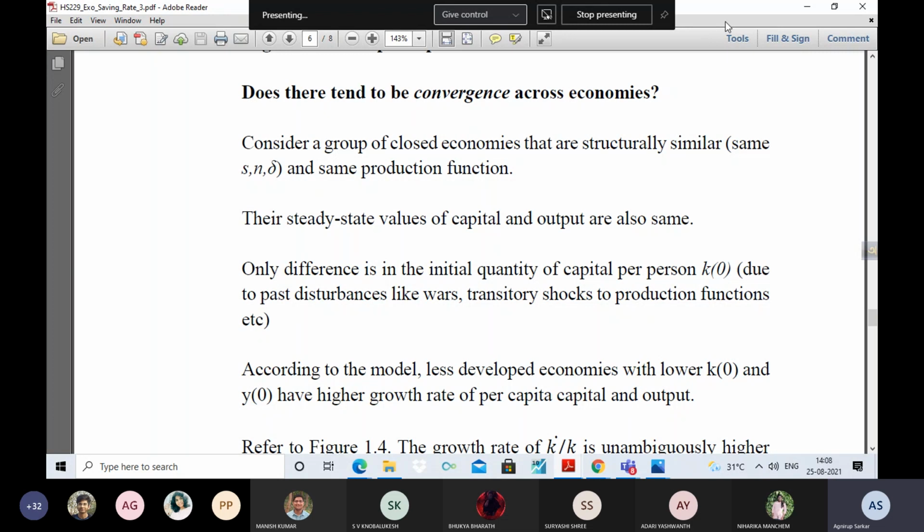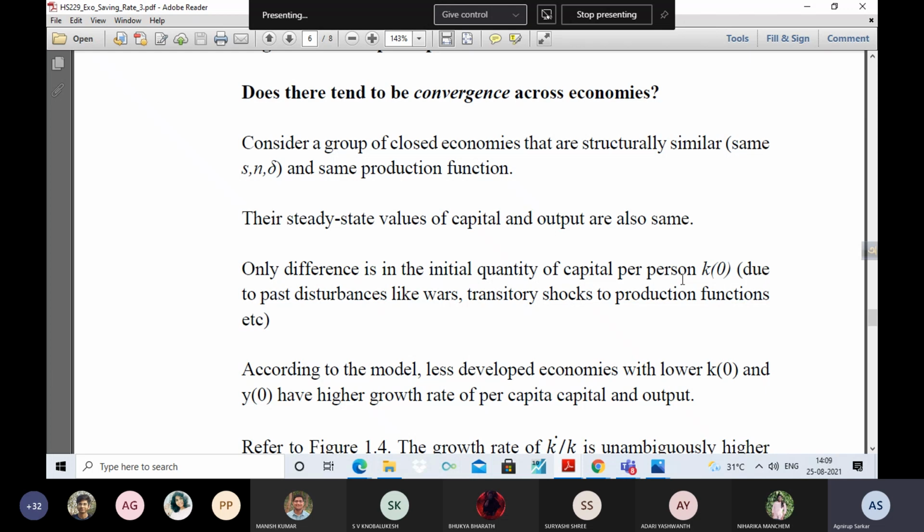Now imagine that the only difference among these economies is that they differ in the initial values of capital per person. So the only difference is in terms of k naught, right? This difference in starting values of capital could reflect past disturbances such as wars or transitory shocks to production functions.